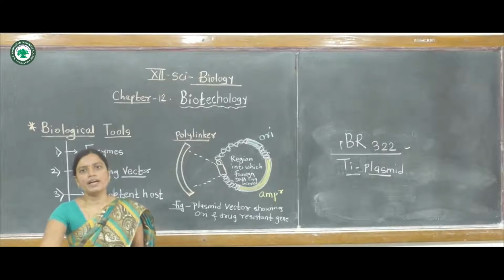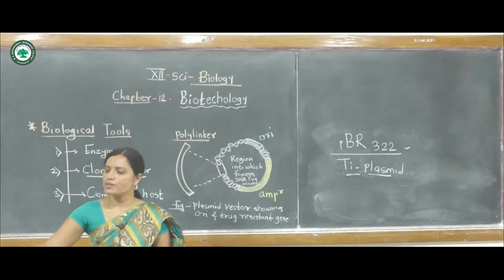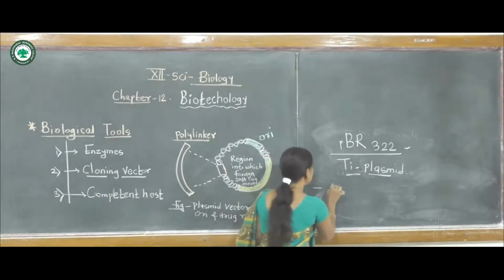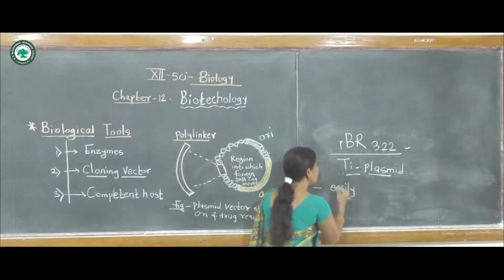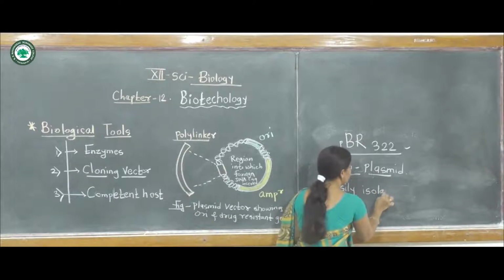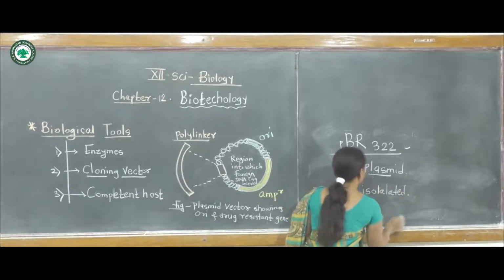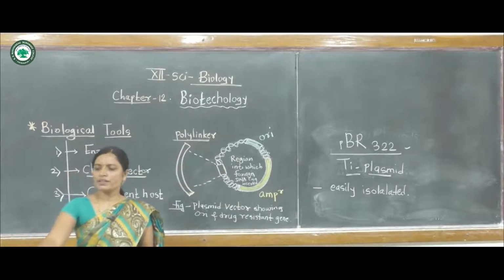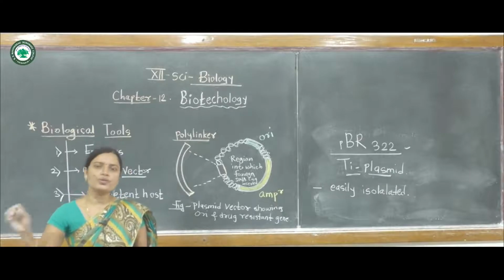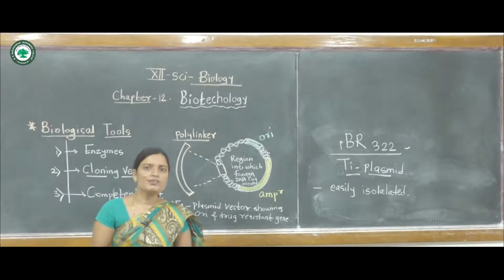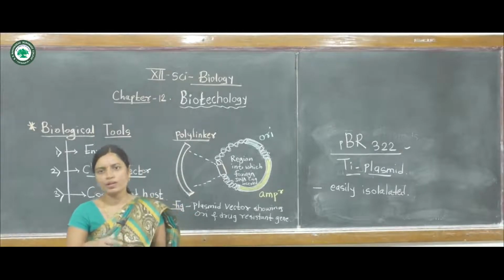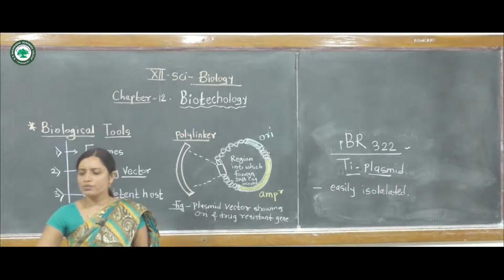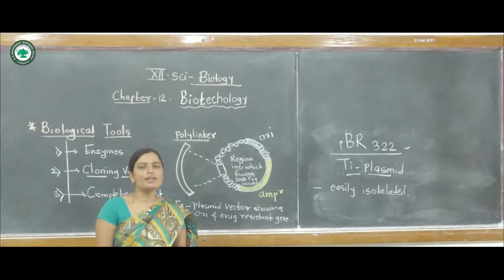It should also be easy to isolate from another cell, and easy to introduce into another host cell. These are the most important good characters or properties of a vector.